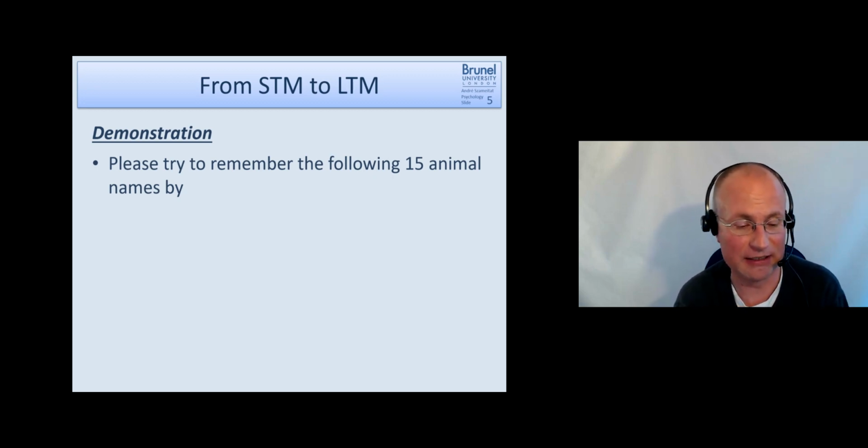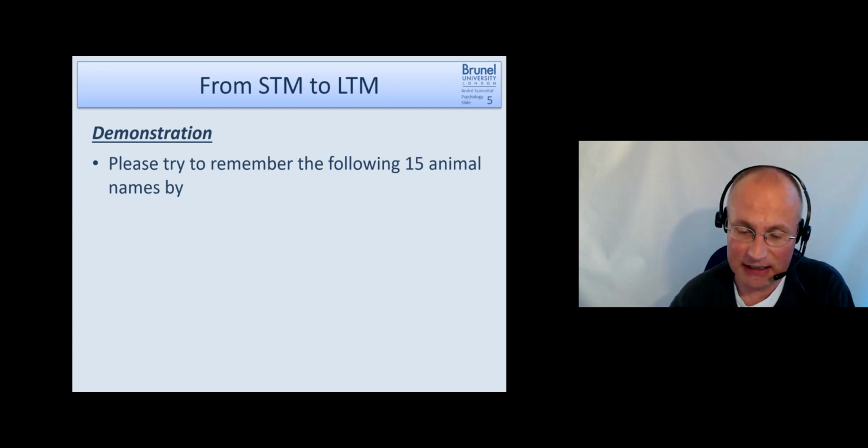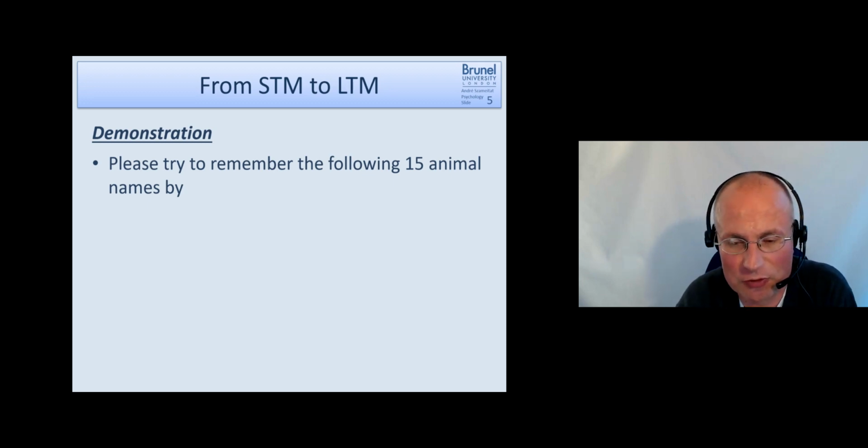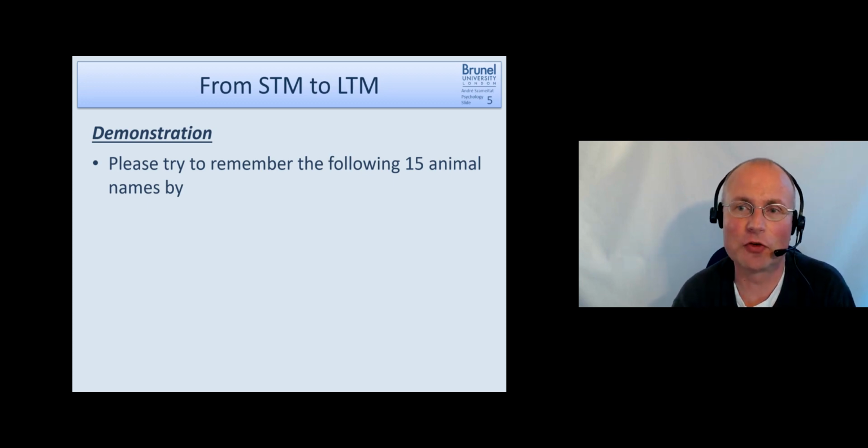I will set my stopwatch, because you will do a second one, so that it is the same thing. I would like you to really apply a certain strategy to remember that.